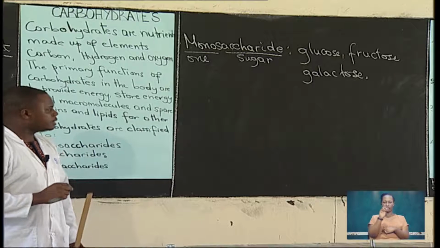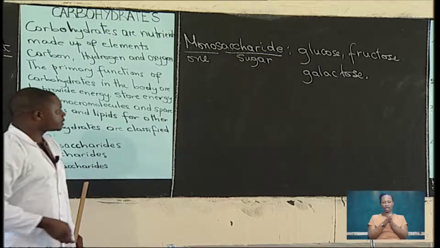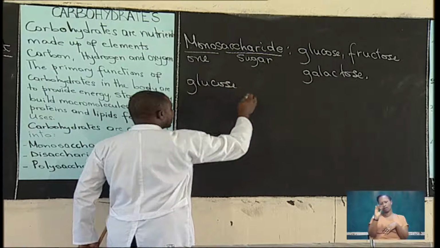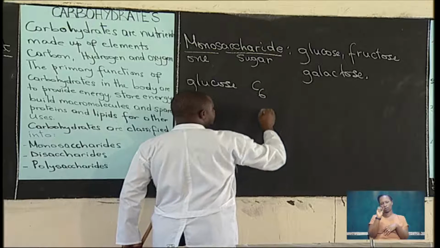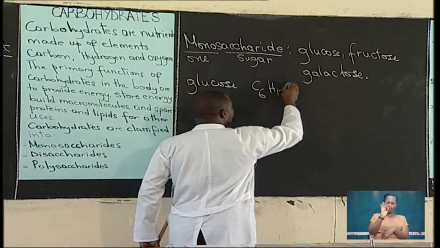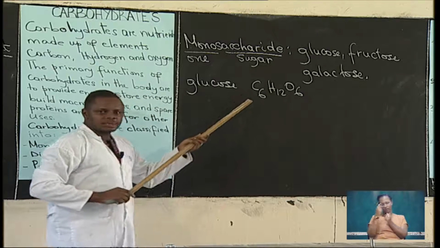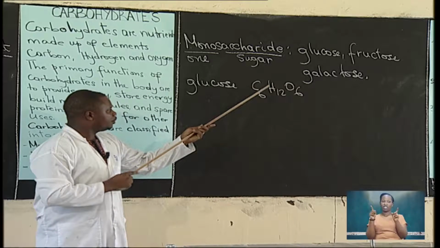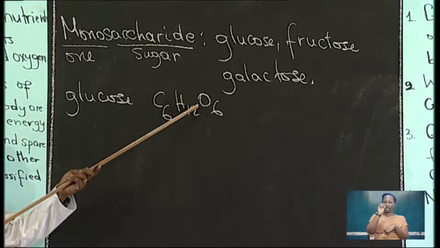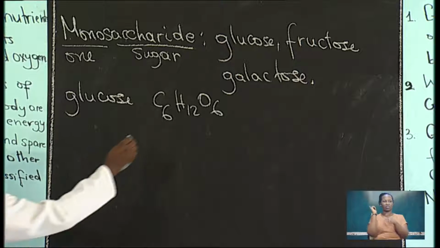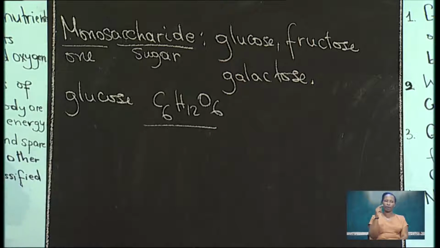Let us take a simple formula for glucose. Glucose has the formula C6H12O6. You can see, as we said, we have carbon, hydrogen, and oxygen. So that is what it means that carbohydrates are made up of carbon, hydrogen, and oxygen.